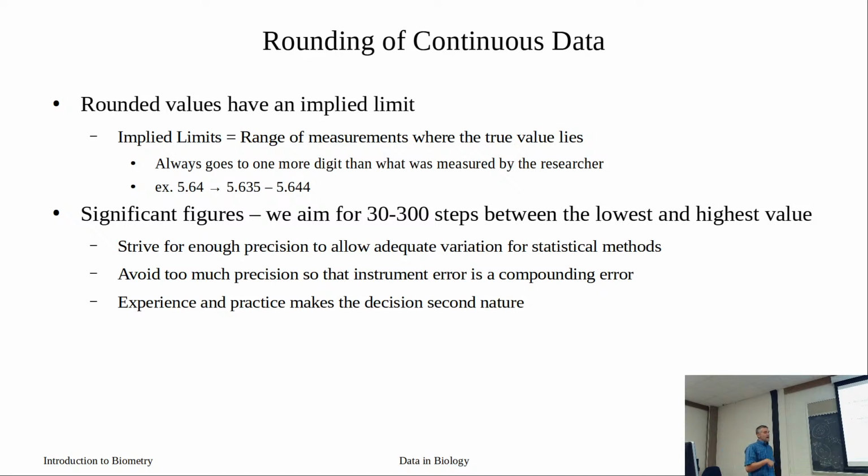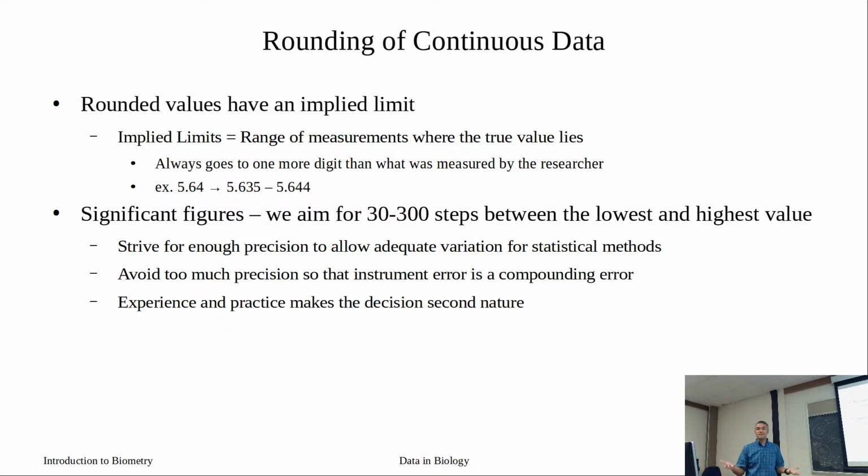When we round these values, though, we have to recognize that they actually have something called an implied limit. The implied limit is the range of measurements where that actual true value lies. So if we measure something on the scale and it returns a value of 2 grams, is it exactly 2 grams? No. That scale is giving us a rounded value. And that rounded value means that the true value is going to be someplace between 2 points. Now, where are those points?